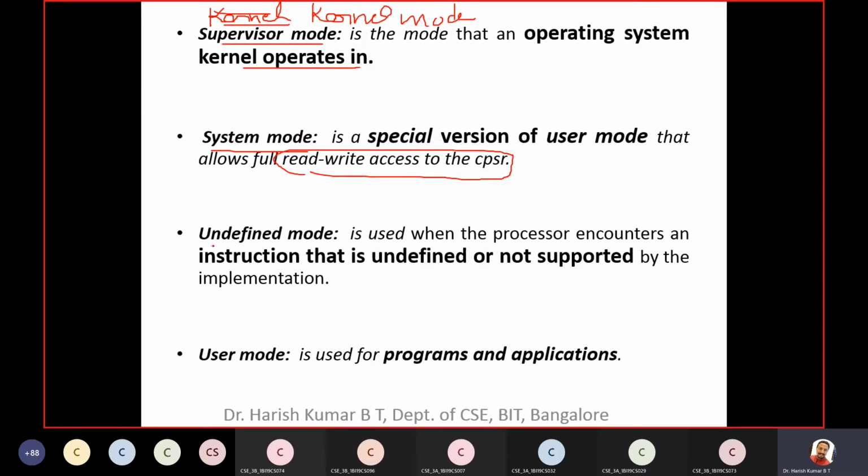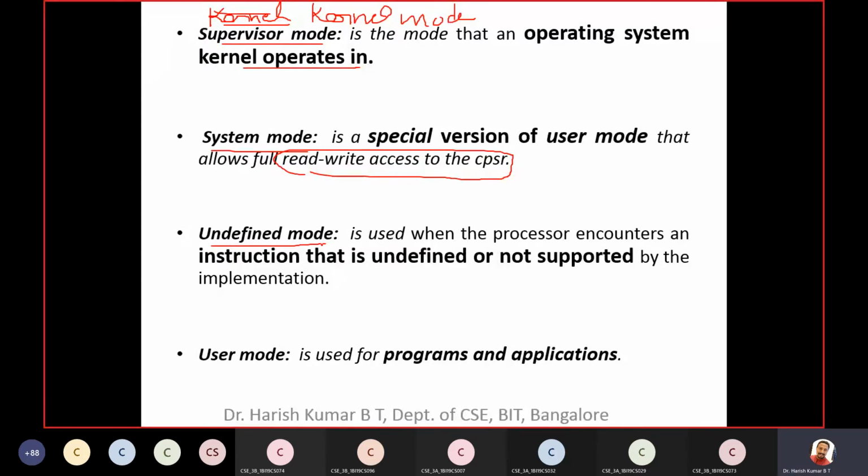Okay, and then there is one more, undefined mode. The processor or the microcontroller enters into the undefined mode whenever you write an instruction that is not there. Normally when we are writing a program, we don't remember things and we write an illegal instruction, an instruction which is not in the ARM7 instruction set. Now, what should the CPU understand?